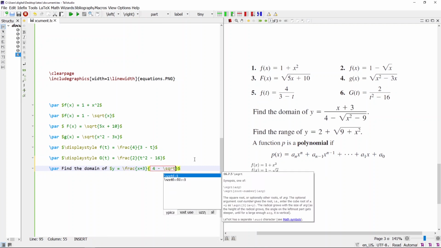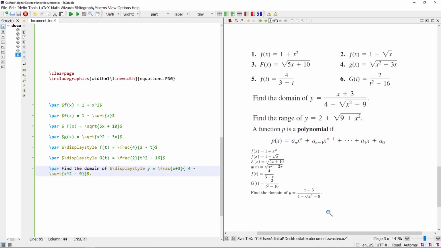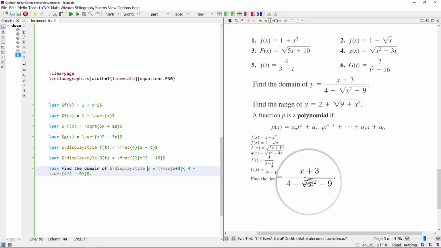Write the square root command. In the square root there is x square. Write x square minus 9. It is coming here. Write the displaystyle. Now it is coming in correct style.